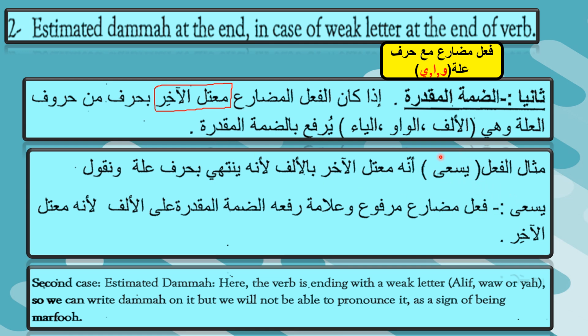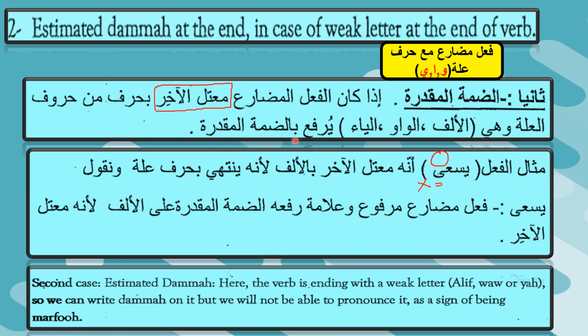In this case, you cannot put a dhamma over the alif maqsura, as this is a weak letter and this is totally wrong in Arabic. So you need to assume that there is a dhamma over the alif maqsura, but you cannot write it. It's not possible. إنه معتل الآخر بالألف.